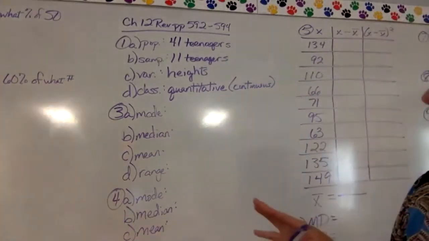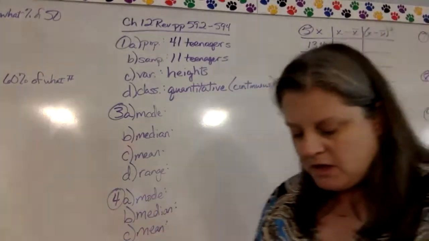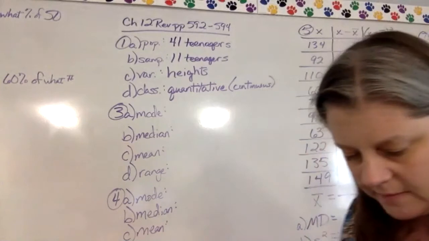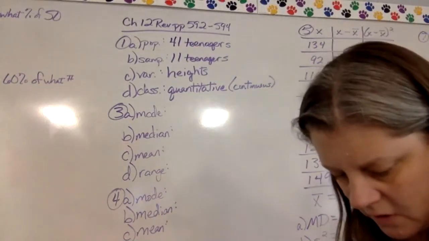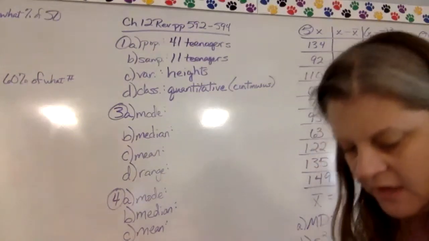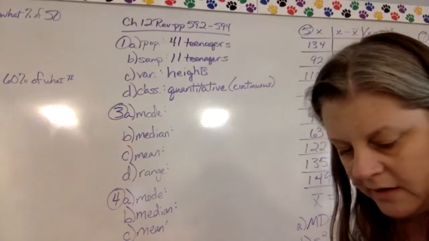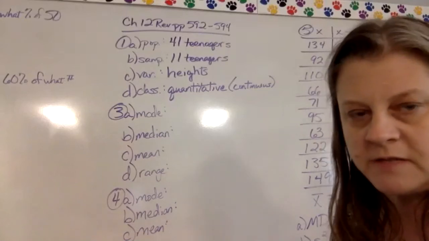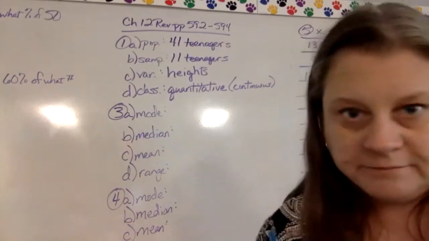And then our range, which is a measure of variation because it tells how far the data is spread out. So on number 3, it says a construction worker kept track of the number of cars that passed by the work site every day for a week. So he has the numbers of cars that pass by. Apparently, he wasn't really working too much if he's sitting there counting all the cars that go by. But that's okay.